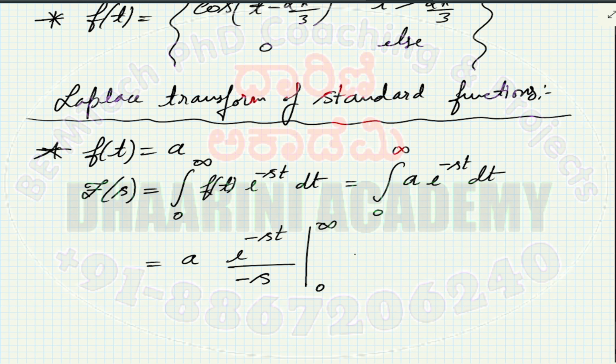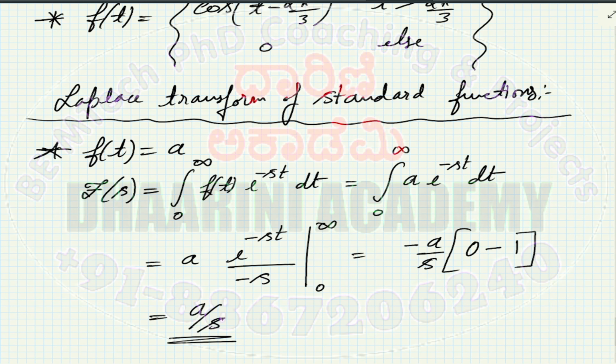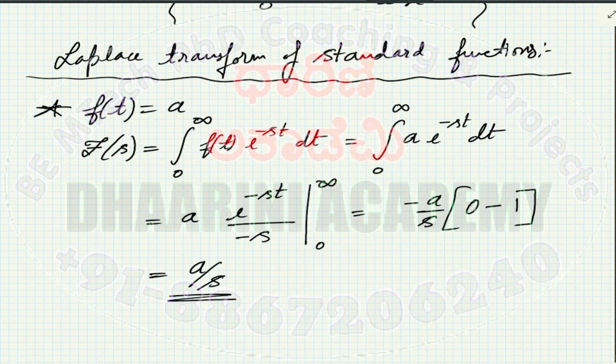So this is minus of a by s into, when I put infinity, e to the minus infinity, that is 0, minus, when I put 0, this becomes 1. So this is minus of a by s into minus 1. So that is plus a by s, which is the required Laplace transform.